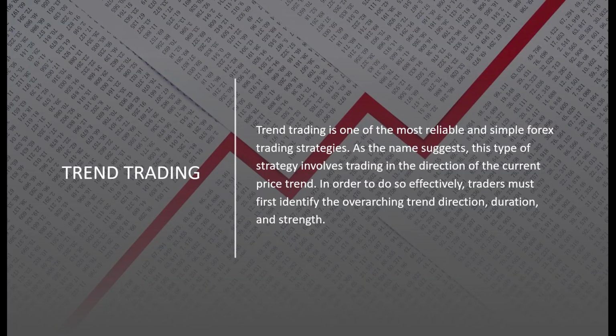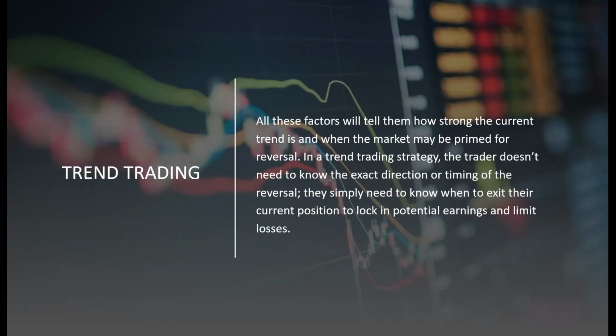So trend trading is one of the most reliable and simple trading strategies. As the name suggests, this type of strategy involves trading in the direction of the current trend. In order to do so effectively, traders must first define the overarching trend direction, duration, and strength. All of these factors will tell them how strong the current trend is and when the market may be primed for reversal.